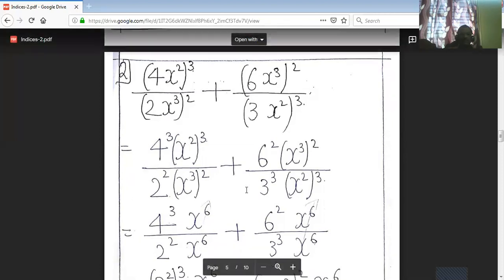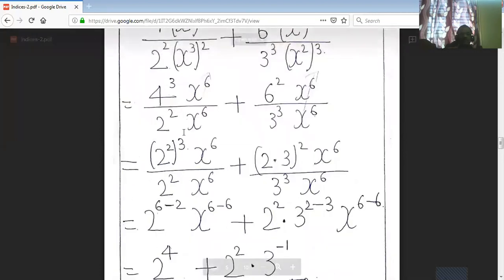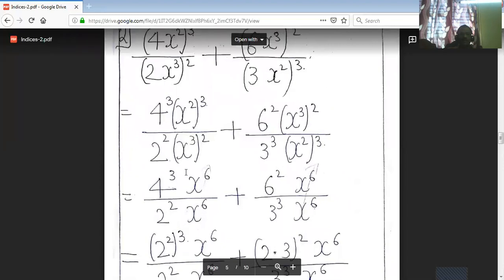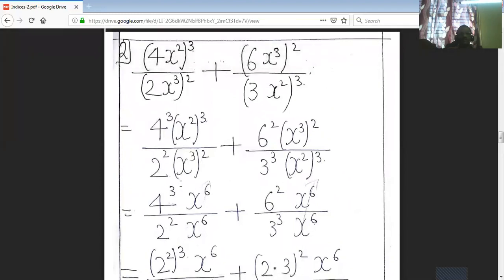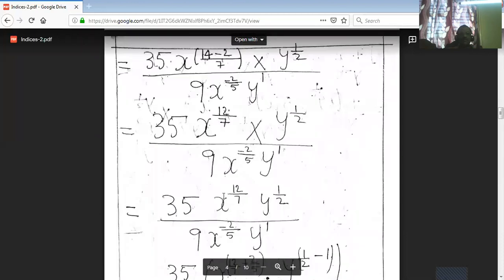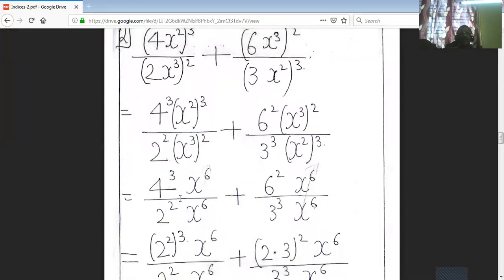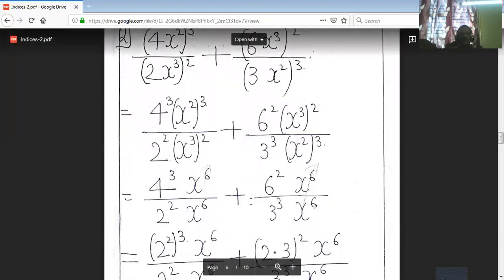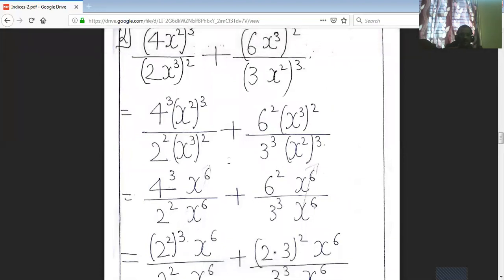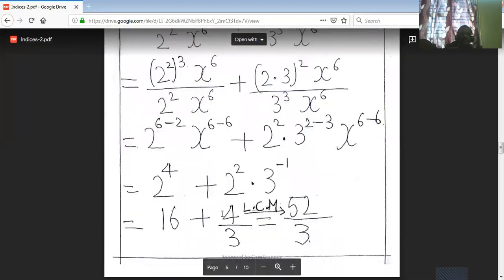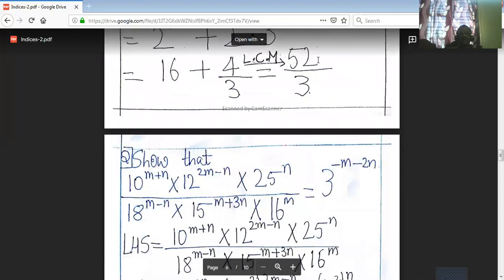And ultimately, applying that particular law of ab to the power of m, as well as a power 0 is equal to 1 and a power m by a power n is a to the power of m minus n formula, I am deriving this relation as 52 divided by 3.